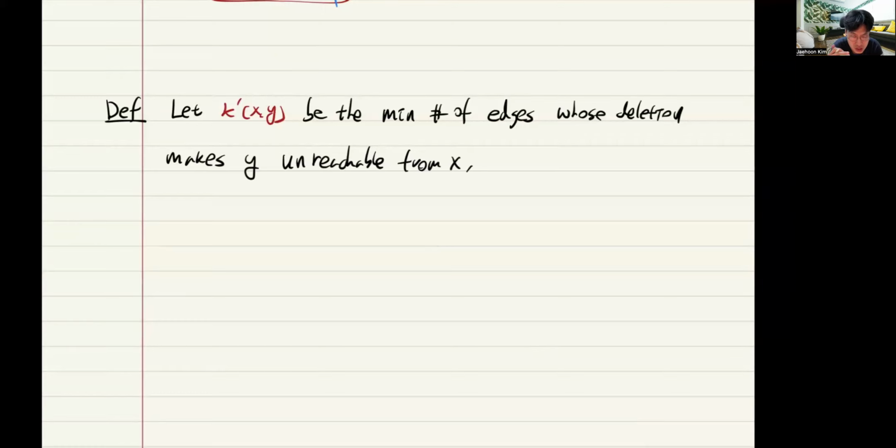Recall that we are either in an undirected graph or directed graph, or multigraph or simple graph. It could be a multi-directed graph, so there are four possibilities.